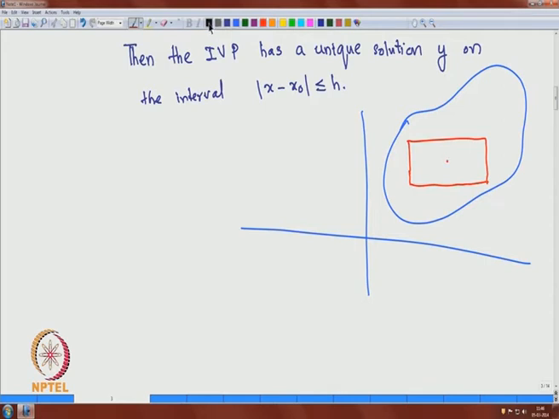This point is x 0 y 0, and this side is x is equal to x 0 plus A, and this side is x is equal to x 0 minus A, and this side is y is equal to y 0 plus B, and this side is y is equal to y 0 minus B.